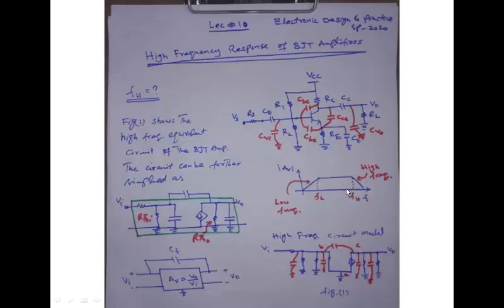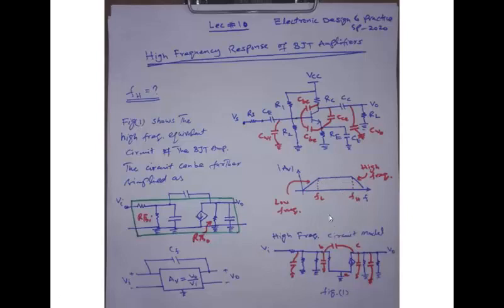At low frequencies the gain decreases as frequency is decreased below the lower cutoff. Similarly, the gain again starts decreasing as the frequency is increased above the higher cutoff frequency. So at these extremes the gain starts decreasing from its maximum mid-range value.